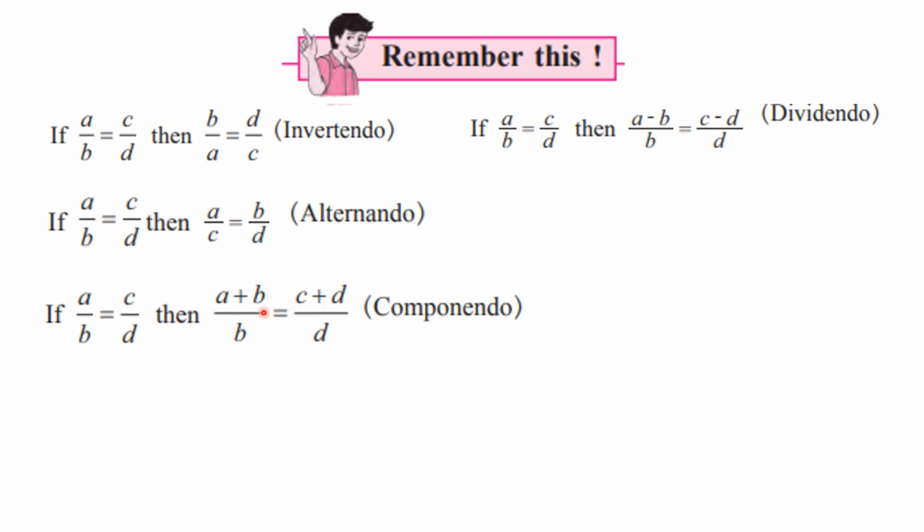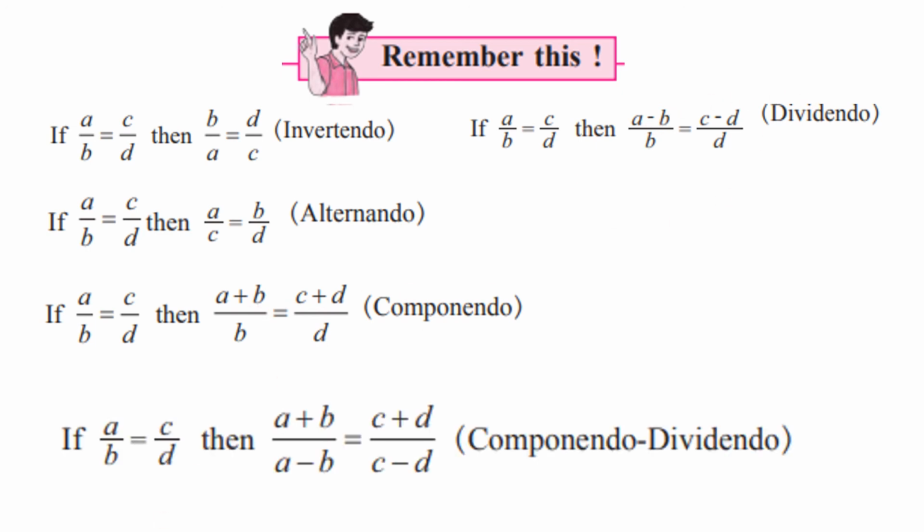In componendo, addition is there, and in dividendo, subtraction is there. The last property is, if a/b = c/d, then (a + b)/(a − b) = (c + d)/(c − d).